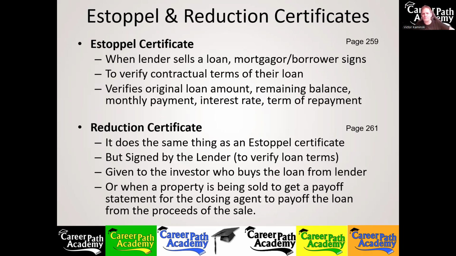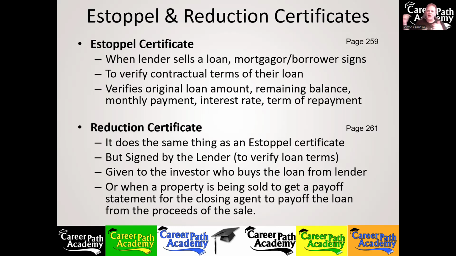So what do they do? They sell it to an investor. Shortly after they originate the loan to the borrower, a couple of months, they may be selling off your loan to an investor.